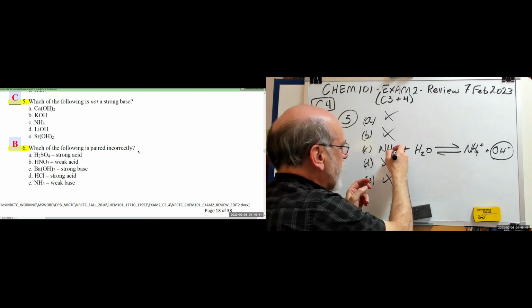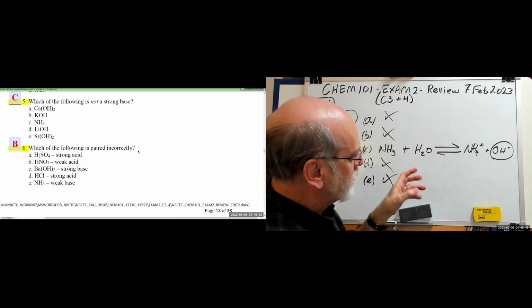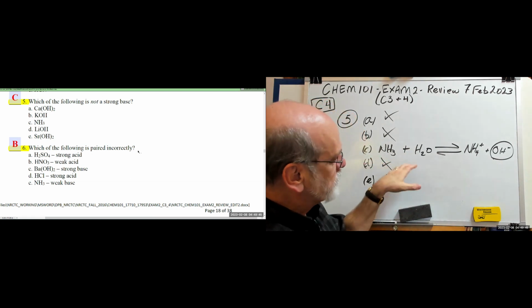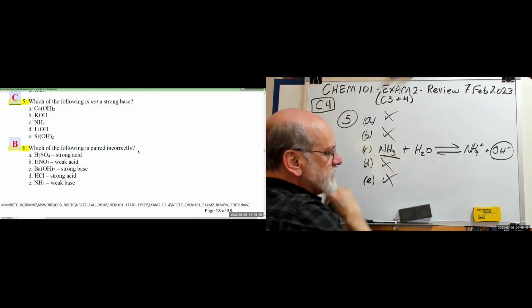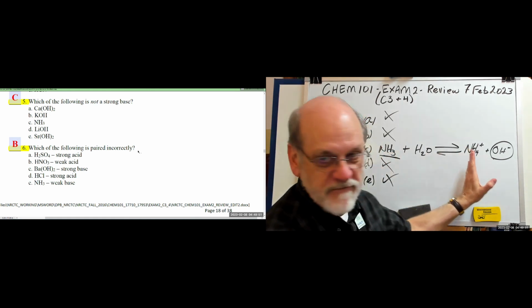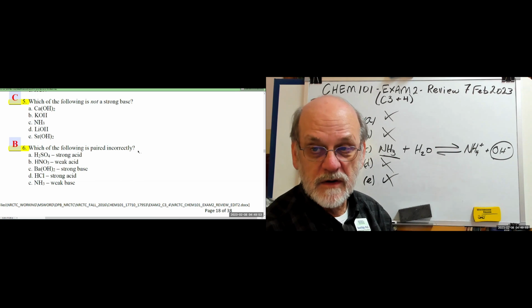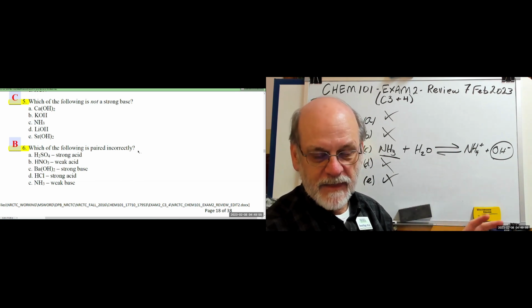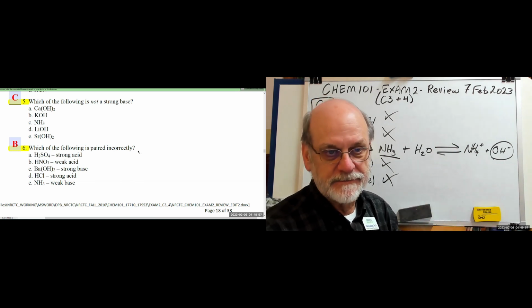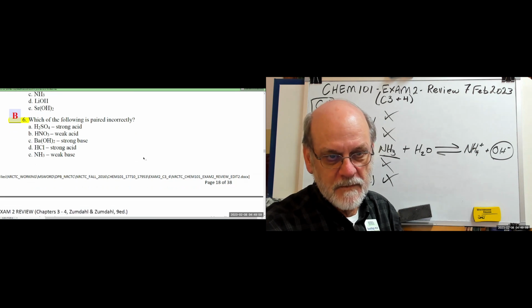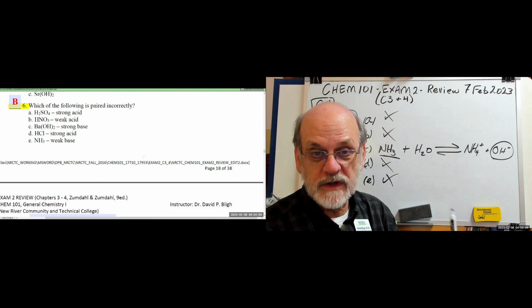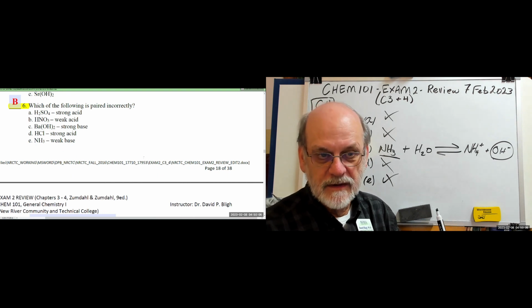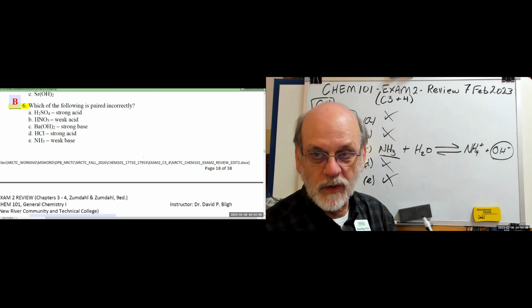But this particular reaction says that it much prefers to be over here, like this. It makes very little. It reacts with water only slightly. So it is a weak base. And in the second semester, we'll get into much more detail about acid-base equilibrium.